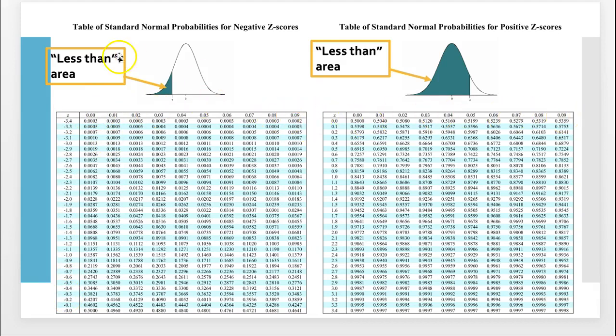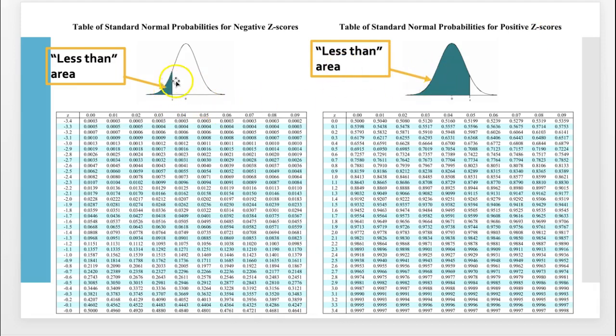One thing to note, this says table of standard normal probabilities, which means the mean is 0 and the standard deviation is 1 for the normal. And for any given z-score, whether negative or positive, it's going to give you the less than, or less than or equal to, area. That's the only way.